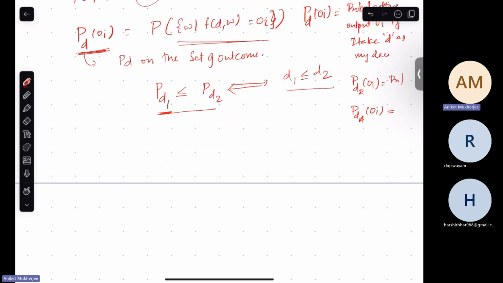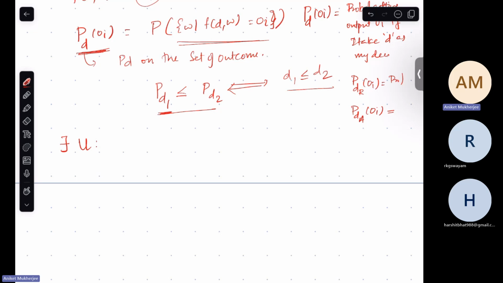I'll first state a raw form of the theorem, the basic idea of the theorem. The basic idea is there exists a function u.